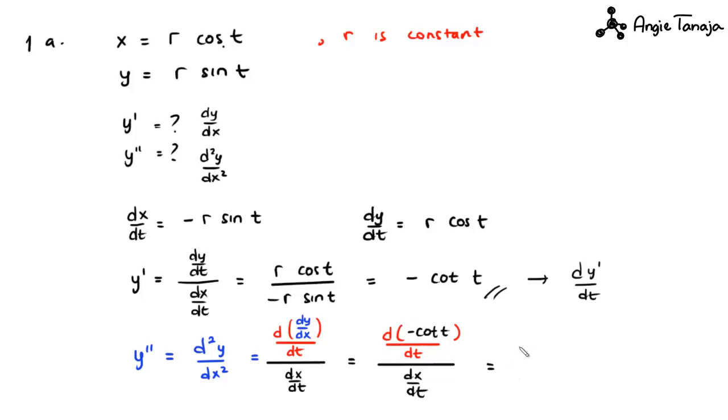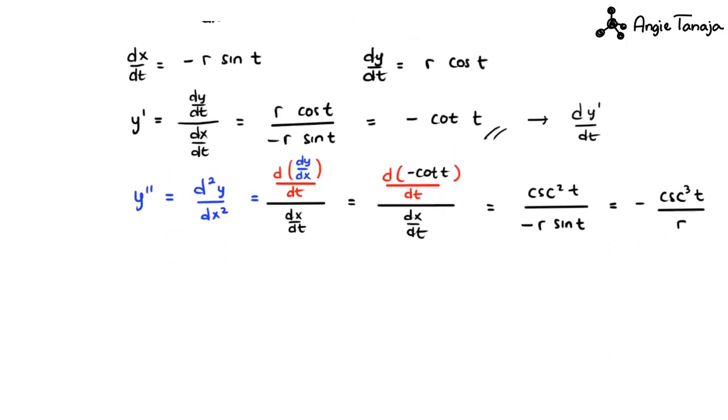So this will be positive cosecant square t over negative r sin t. So this becomes negative 1 over r, or negative cosecant cube t over r, because you know 1 over sine is cosecant.